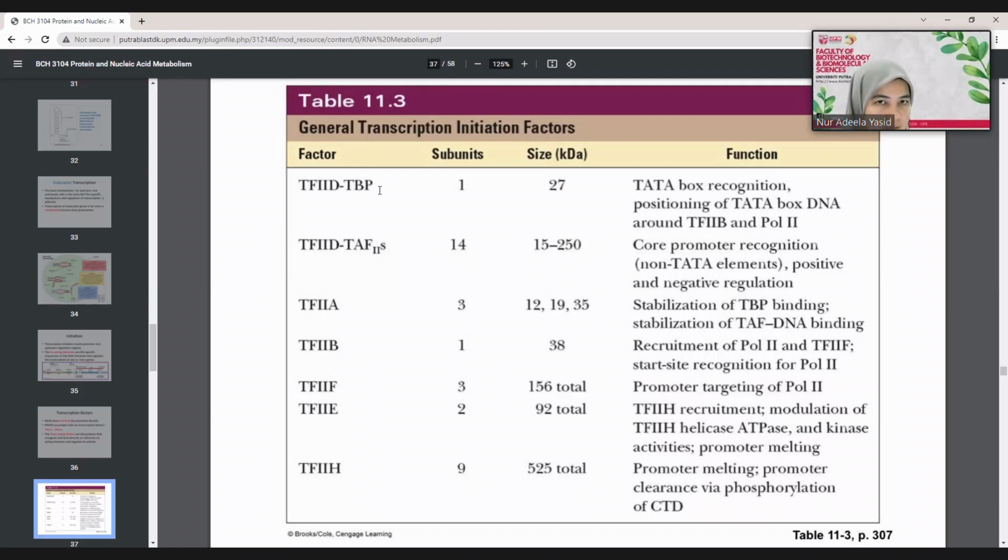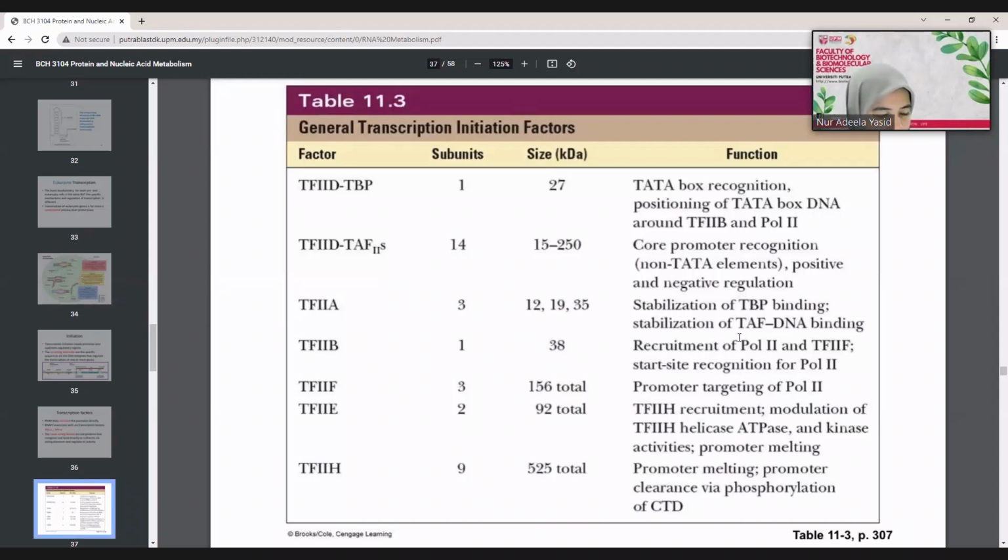It forms a complex with transcription factor 2D. This one is also a core promoter recognition, and it is involved in the positive and negative regulation. Transcription factor 2D and also the TAFs. Transcription factor 2A helps to stabilize the TBP binding.